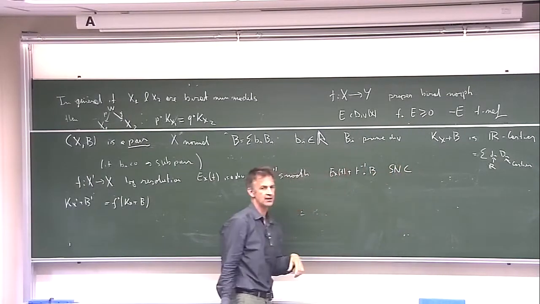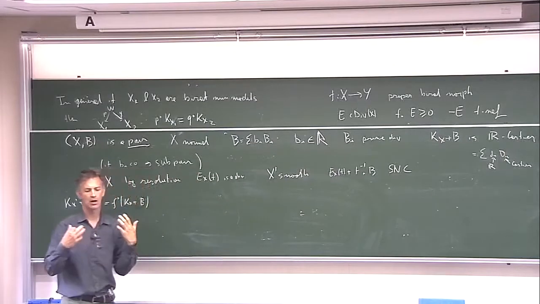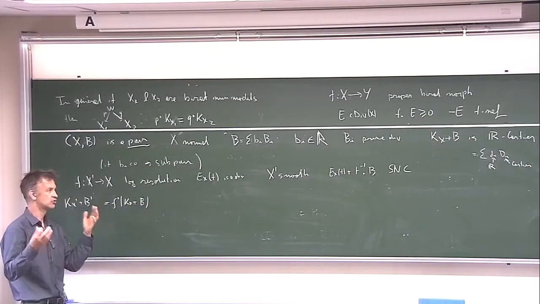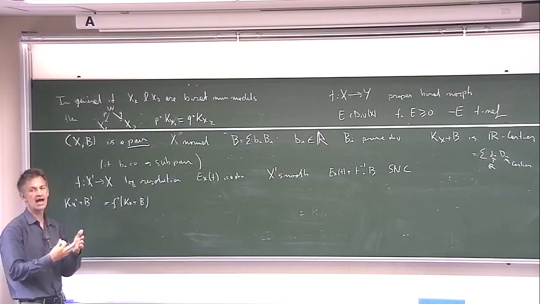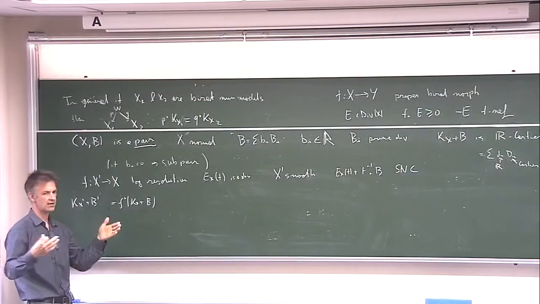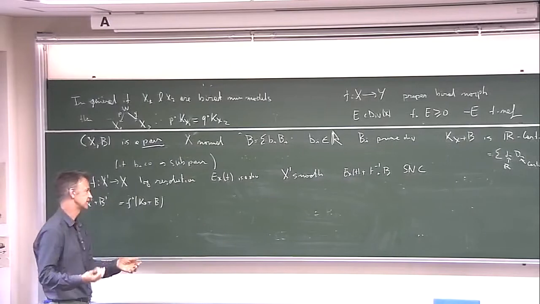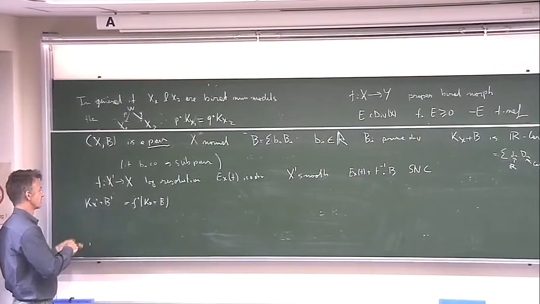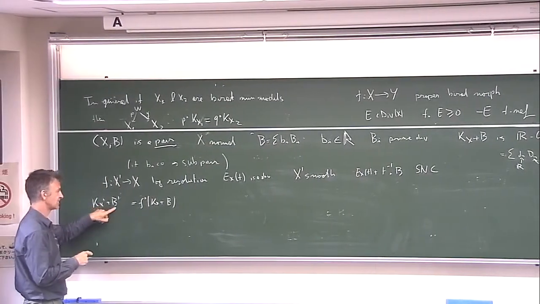So it's going to be a union of irreducible smooth divisors intersecting as transversely as possible. In local coordinates, they look like hyperplanes intersecting transversely. Okay, so I write this equation that defines B'.